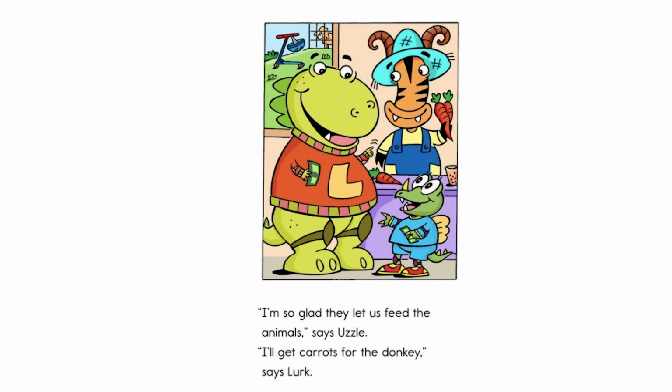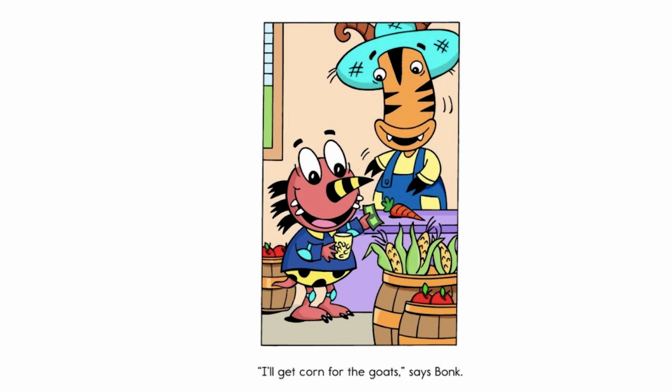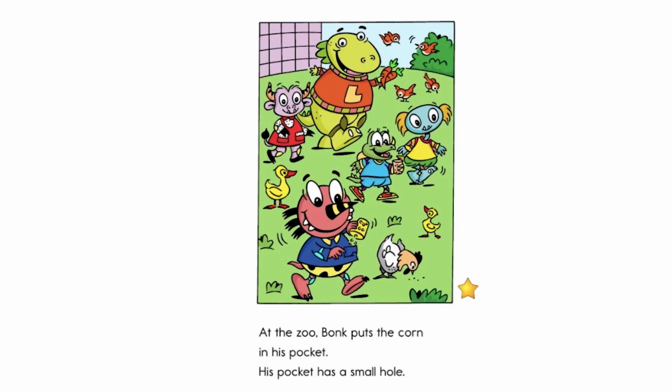I'll get carrots for the donkey, says Lurk. I'll get chicken feed, says Uzzle. I'll get corn for the goats, says Bonk. At the zoo, Bonk puts the corn in his pocket. His pocket has a small hole.